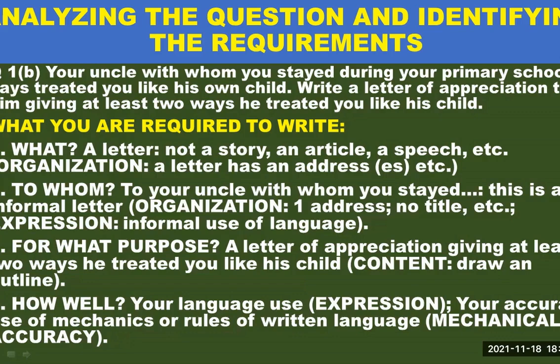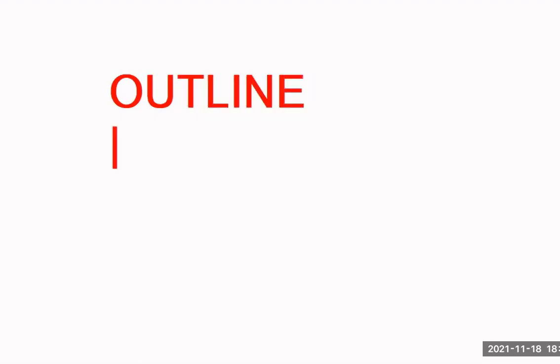This is very important because an outline is a very, very important aspect of your preparation for any piece of writing. So we are going to look at how you can write an outline for this letter.